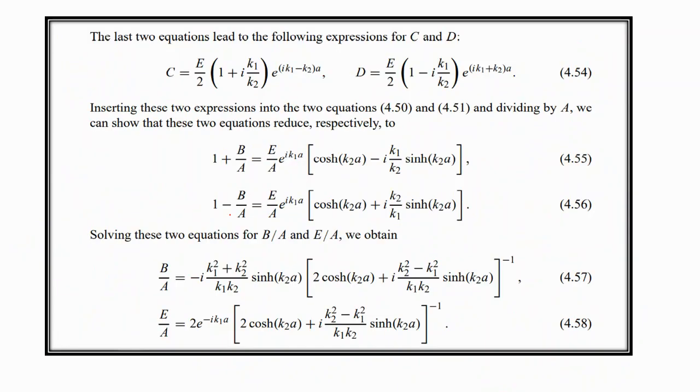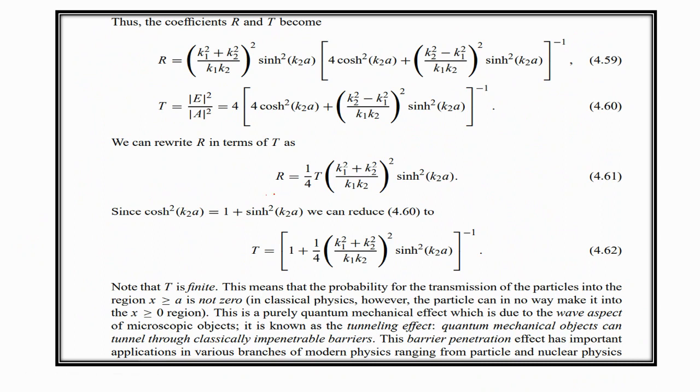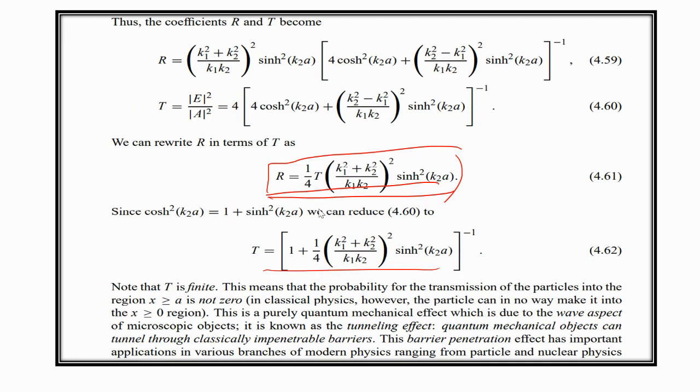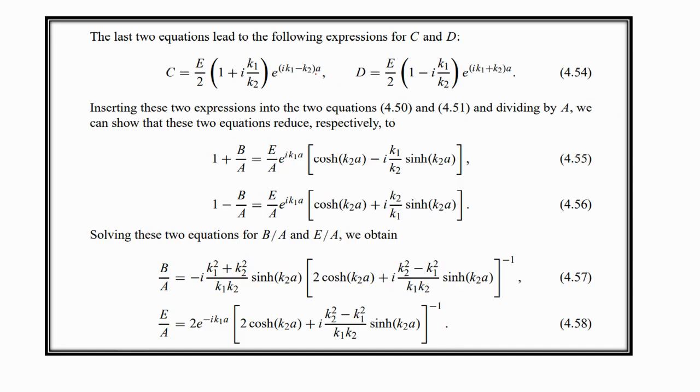So the R value you got, you can put here. This R value I got, and this is the T value I got. Further, while solving, they got R and T values like this. So you have to do a lot of mathematics in this one. Try to put what I got from here.